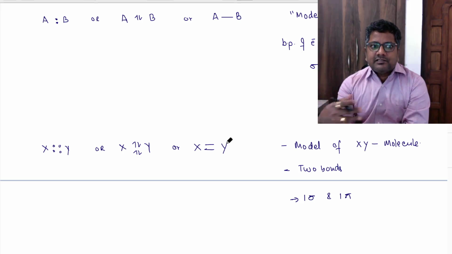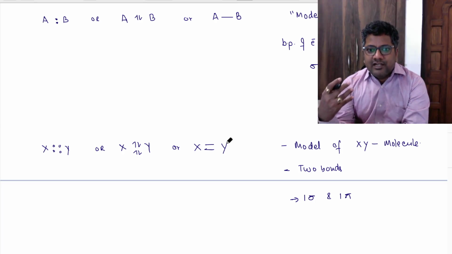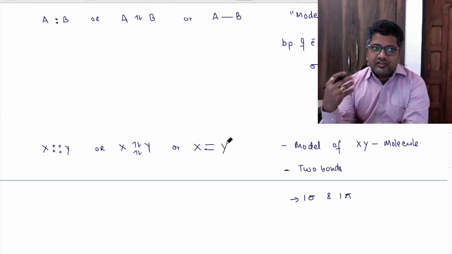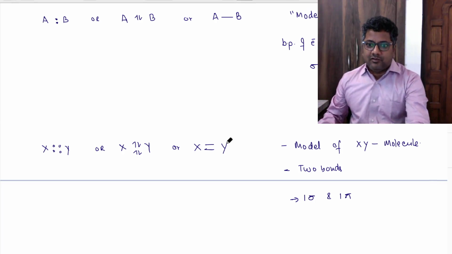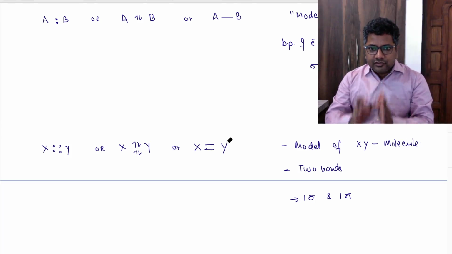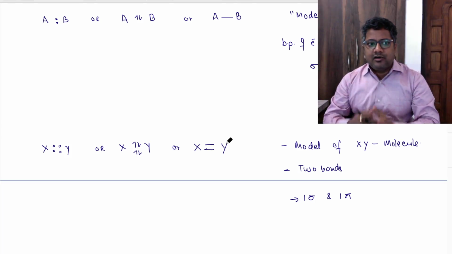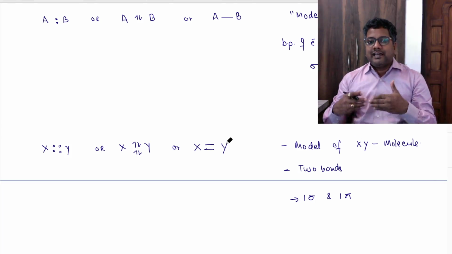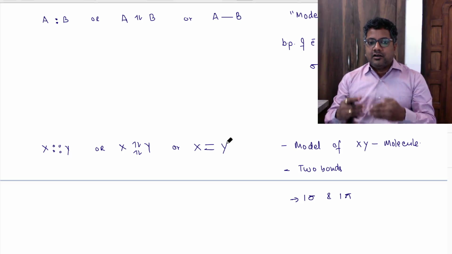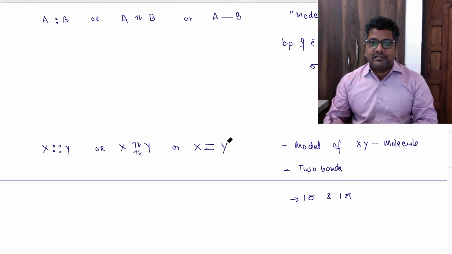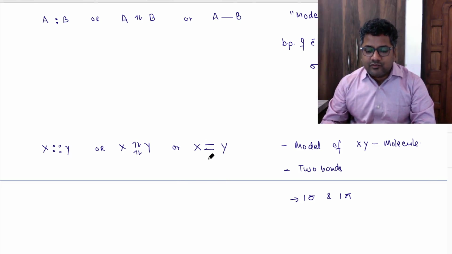I will explain this in the upcoming lectures, how sigma and pi bonds differ with respect to each other, what points of difference they have, and how the bond energy can be justified, that sigma has more energy than pi bond. But you should know that if a double bond is there, both bonds do not have the same energy, meaning both bonds are not equivalent.